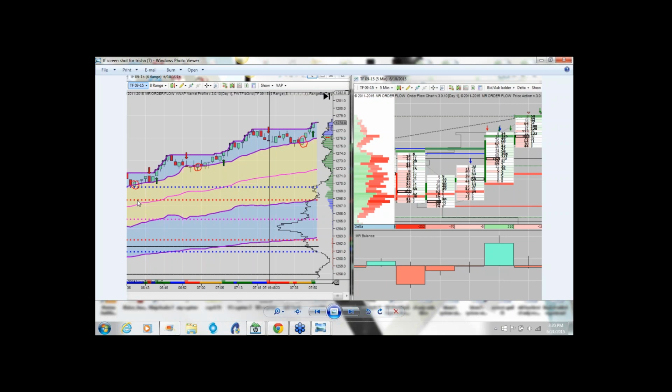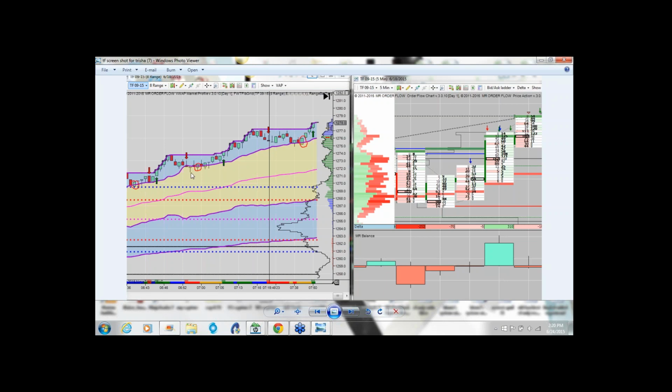In this case, the Russell is nicely hanging out in this upper value area zone. What I watch for when that happens is a pullback to the first purple line, the first value area high, and then the second line up here is the second value area high.